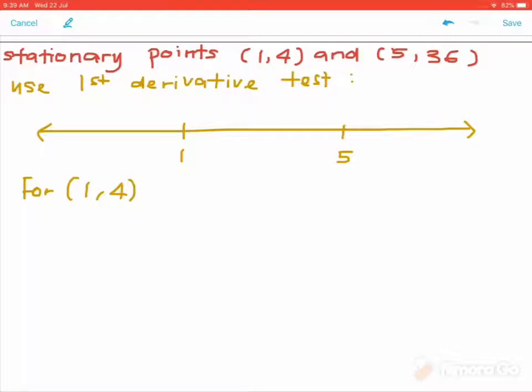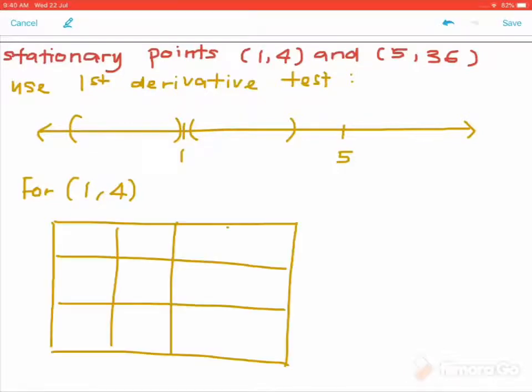As we know, x equals 1 and 5 are stationary points or turning points. Now we want to test the behavior of the gradient of the tangent for the interval before 1 and after 1. Some of them will draw a table to solve this question, but actually they are the same.